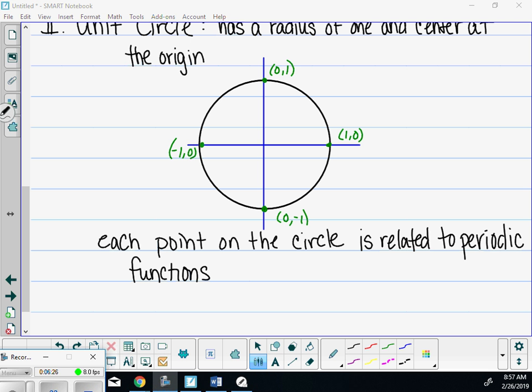We are going to introduce a sort of new variable. That variable is theta. Theta is a Greek letter. We use the Greek letter theta typically as a variable for angle measure.